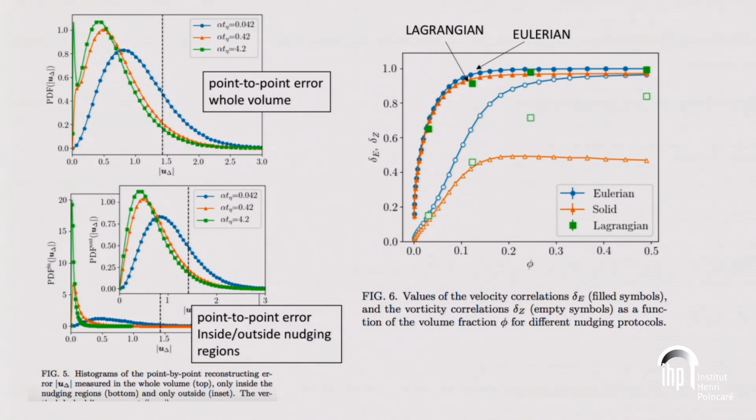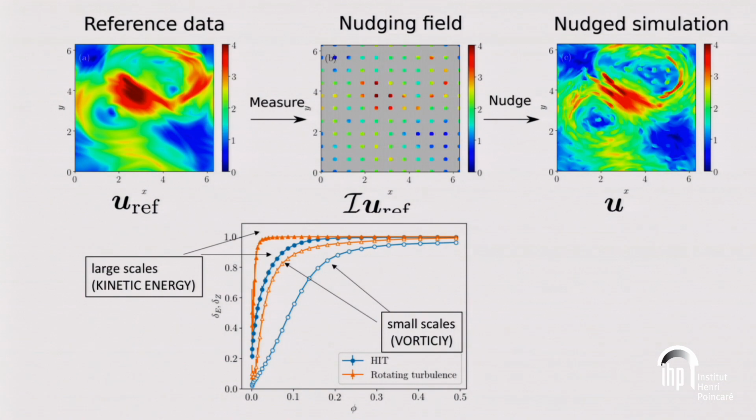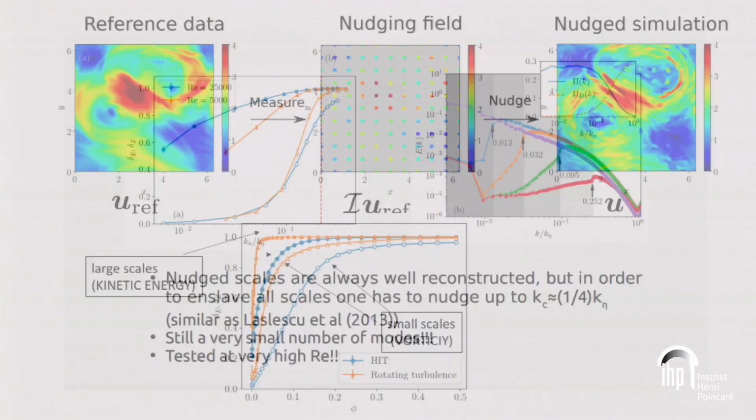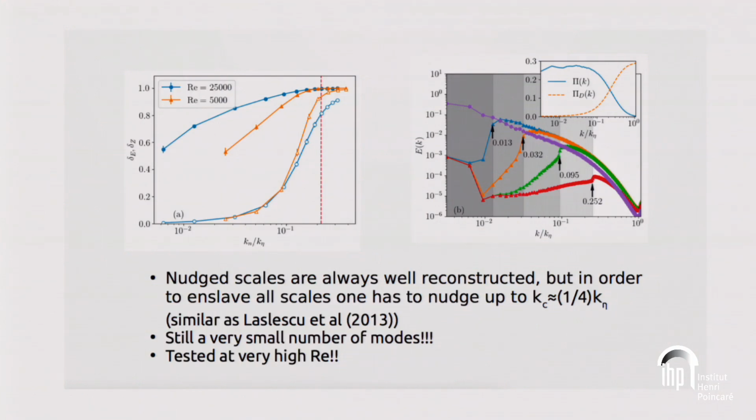When you look at the small scale properties, that is the vorticity, I think the empty circles here, the two have a slightly different performance. I'm almost finished. One message more, sorry.